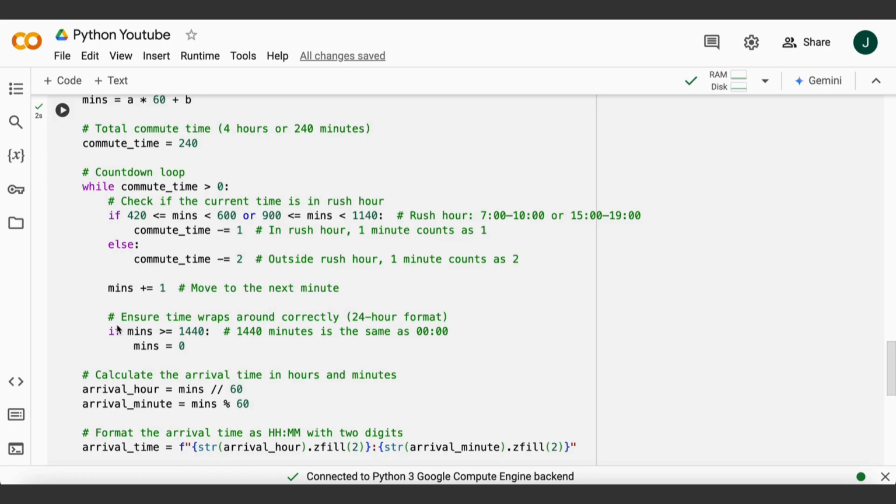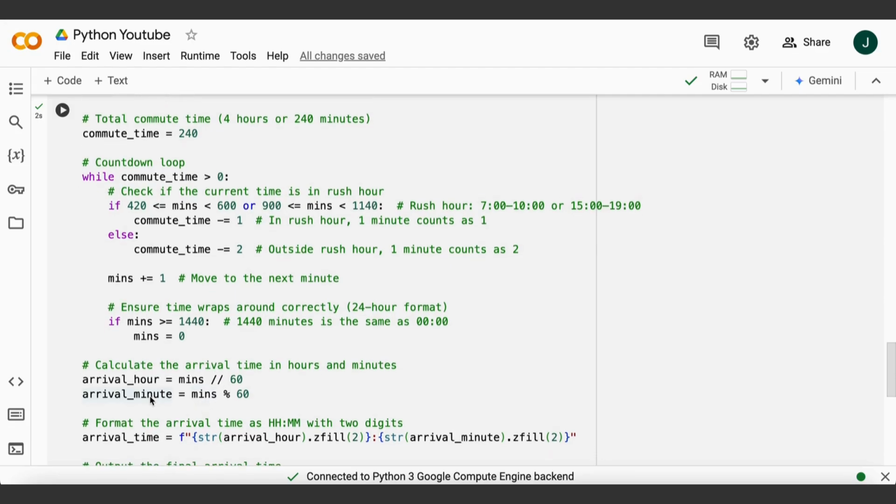So that ensures time wraps around the 24 hour format. Okay, so that's calculated, and then after calculating the arrival time, there will be arrival hours and arrival minutes. Okay, so arrival hours is the minutes divided by 60, right? I'm taking the whole number from that, and the minutes is the remainder of 60, right?